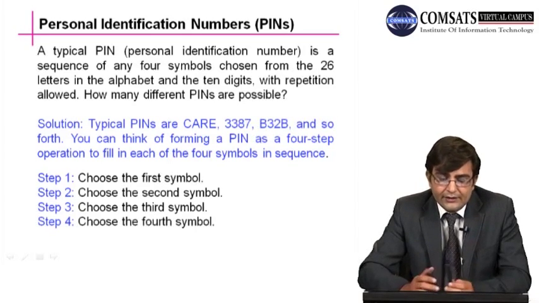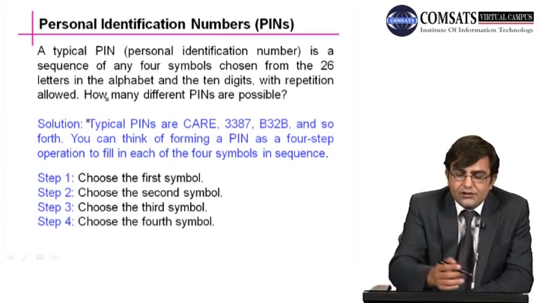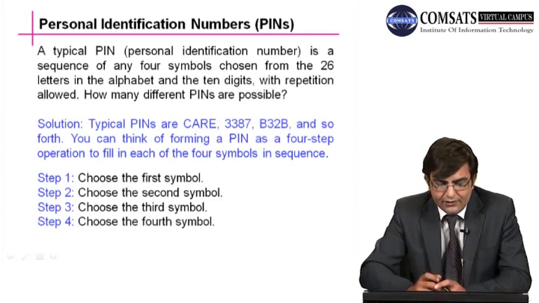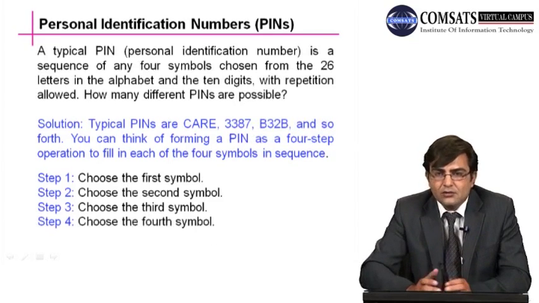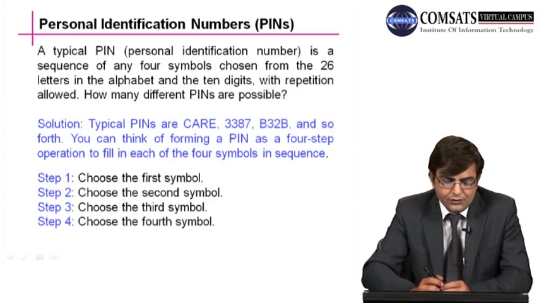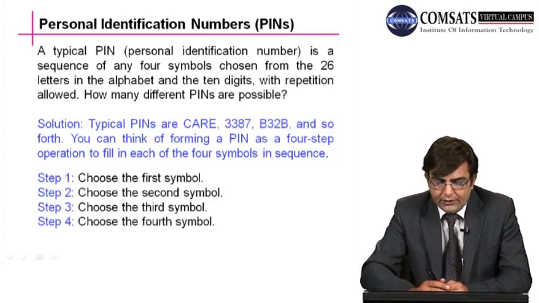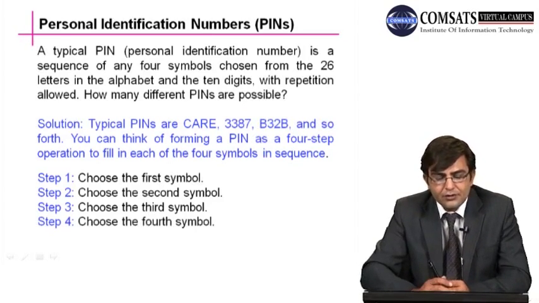In this example we see what the length of the password is and what the possible symbols are that you can choose to keep a password or a PIN, personal identification number. A typical PIN which we usually use in bank cards, or you can use in any other place in the computer to lock any file or lock the computer.